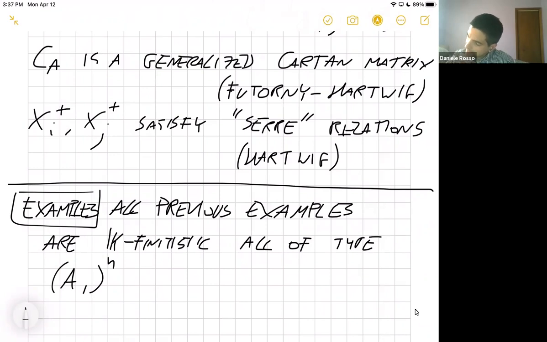What I mean by that is that the Cartan matrix is just 2 times the identity, so all the off-diagonal entries in the matrix are 0.